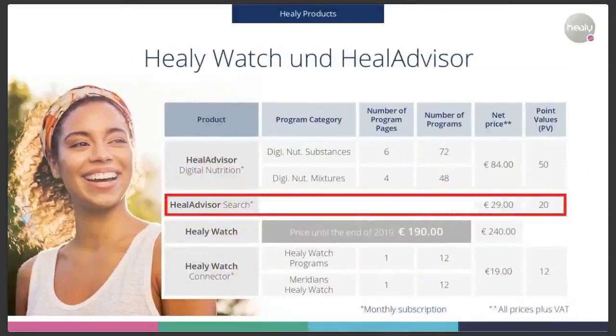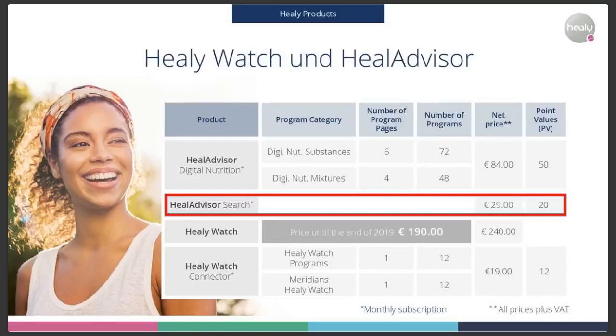Here is an overview of our prices. If you look in the red frame, our HealAdvisor search is a monthly subscription. The monthly subscription net price will be 29 euro. In other countries where we don't have euro, it will be the alternative in your country currency. Prices will be available for all these new products in the back office.